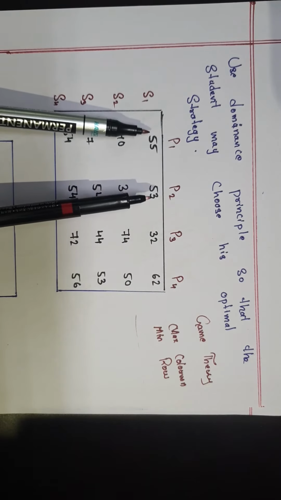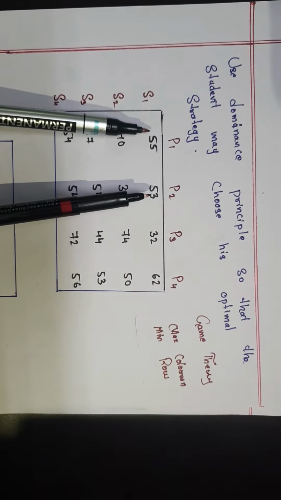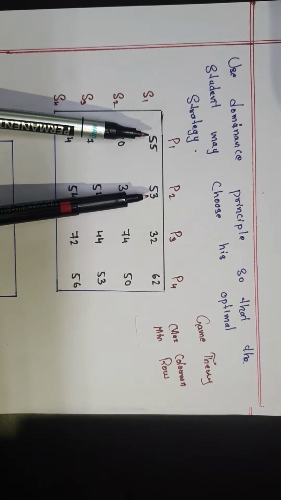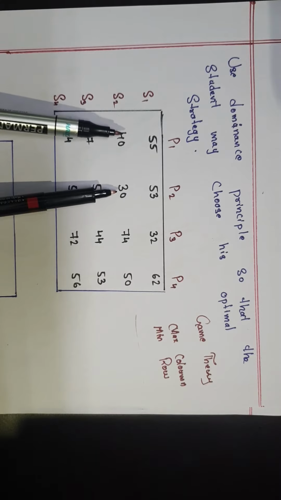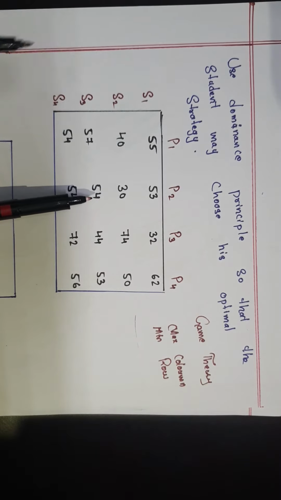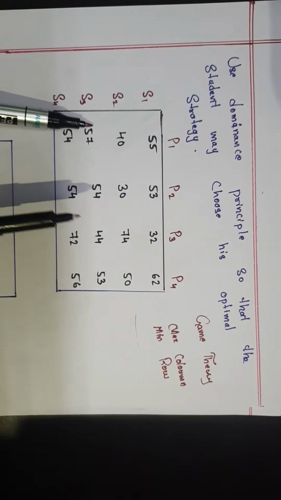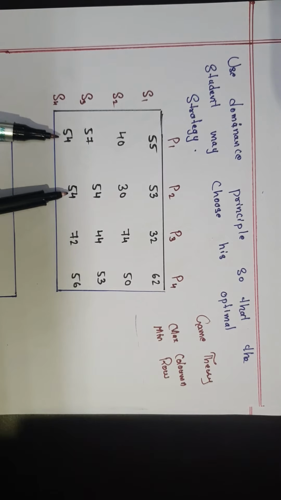So I am selecting P1 and P2. If you compare these two, compared to P2, P1 is maximum, maximum, maximum, and here it is equal. It should be equal or maximum.